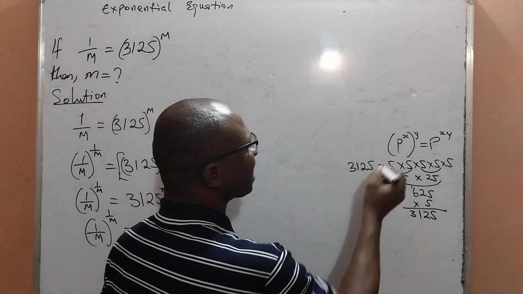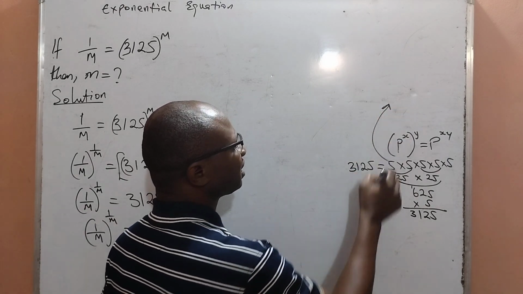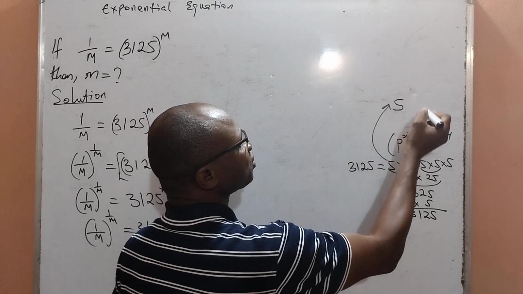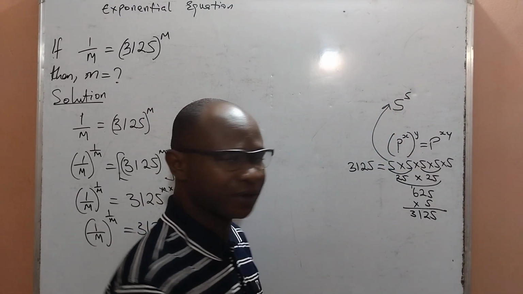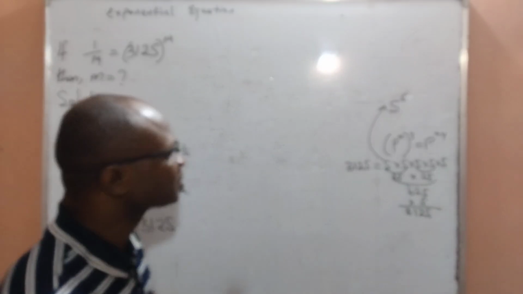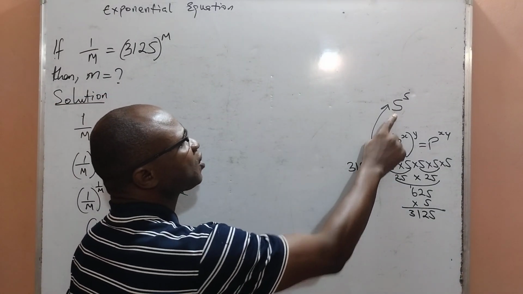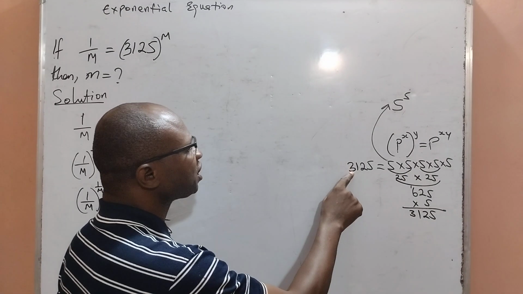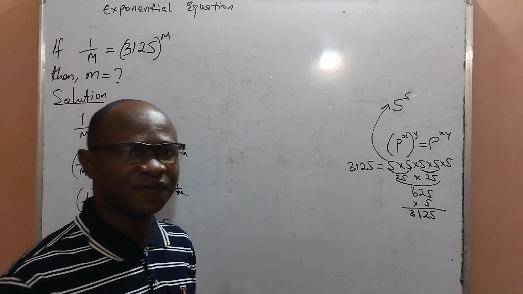In other words, I can now say that 3,125 is the same thing as 5 raised to power 5. Very good. So 5 multiplying itself 5 times should give us 3,125.